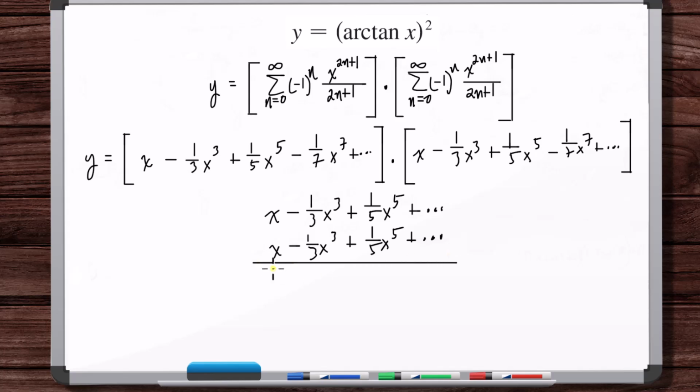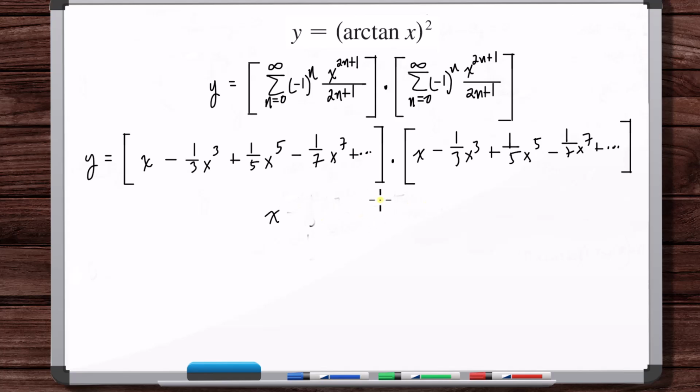Okay, we want to multiply these. X times x is, well, we need to put placeholders. So it's x plus 0x squared minus 1/3 x cubed plus 0x to the 4th plus 1/5 x to the 5th.